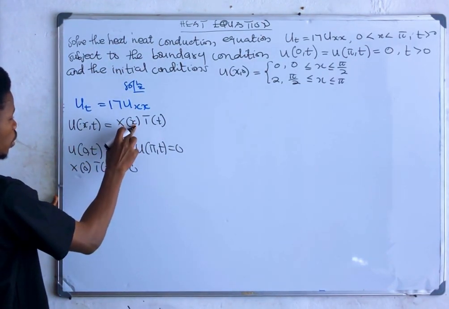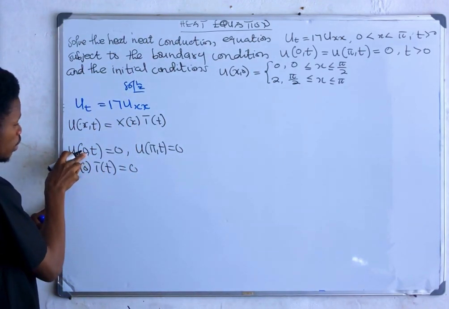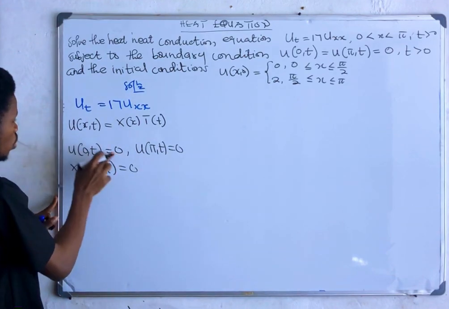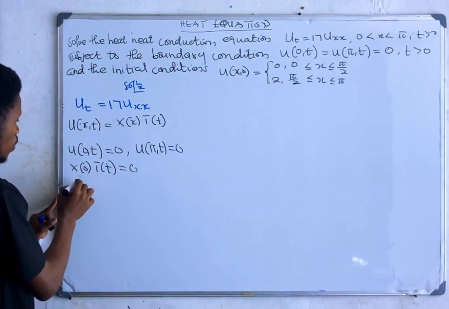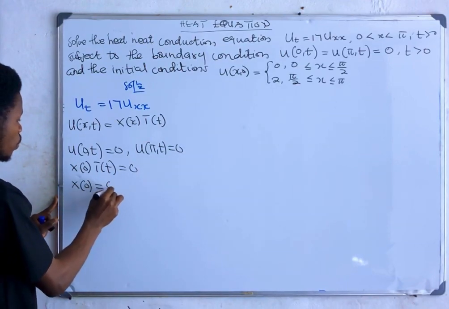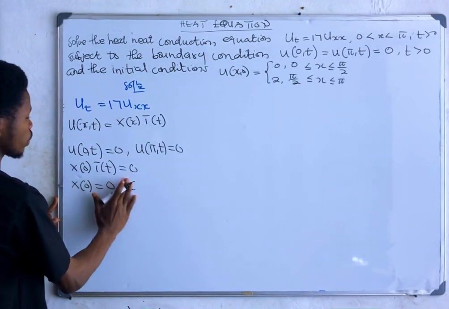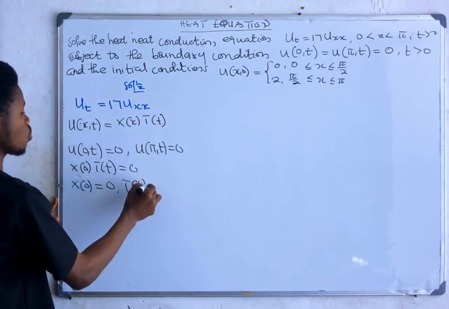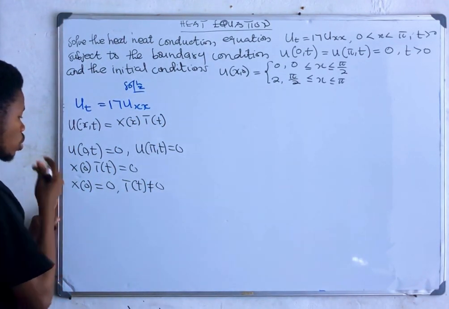Because when you put 0 here, this place means that x is 0. So if you put 0 here, t is t, then u is equal to 0. So here I'm going to have X of 0 equals 0, but I said that the time function should be greater than 0, so it's never going to be equal to 0.